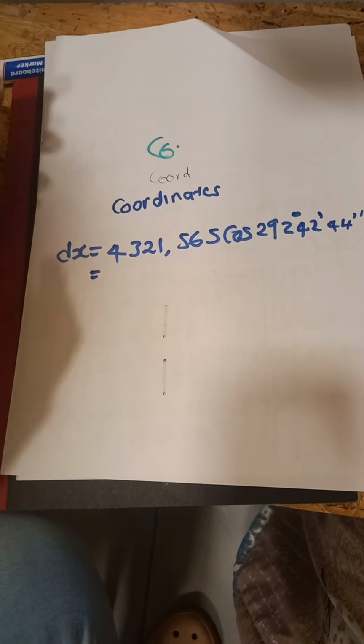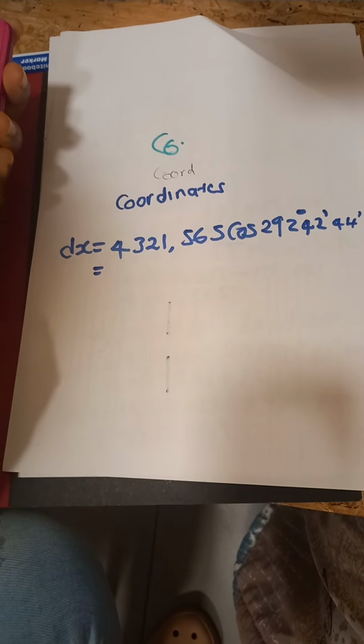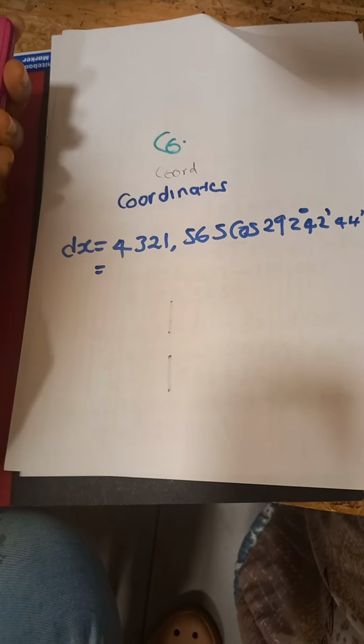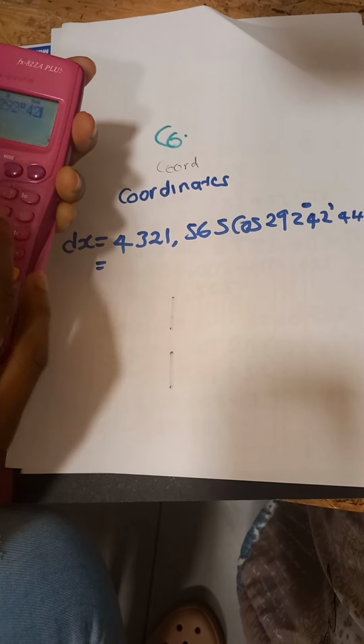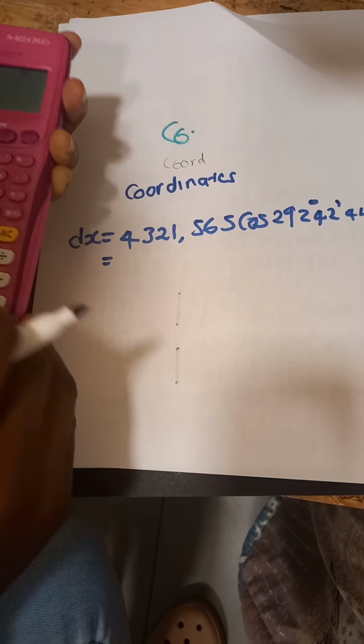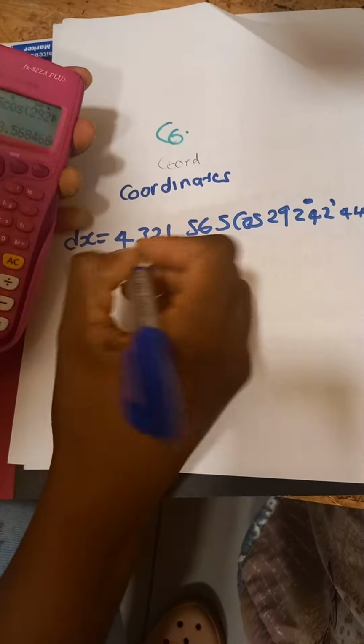So our change in x is 1168.568. So the x coordinate at BC1 is given by the x coordinate at PI 0.